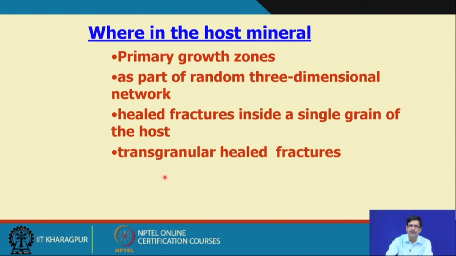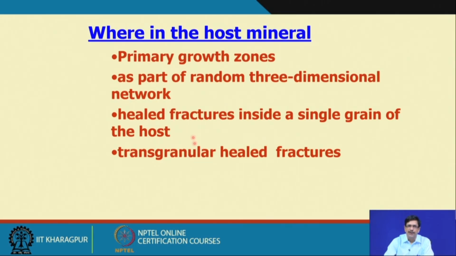This is general terminology which we follow in fluid inclusion literature as primary and secondary, although it becomes sometimes not a very easy task to distinguish them. And the healed fractures inside a single grain of the host, we use the word pseudo secondary, because essentially it represents the fracture which is within the single grain of the host mineral, which has not transgressed through the entire body of the quartz vein or the ore body.